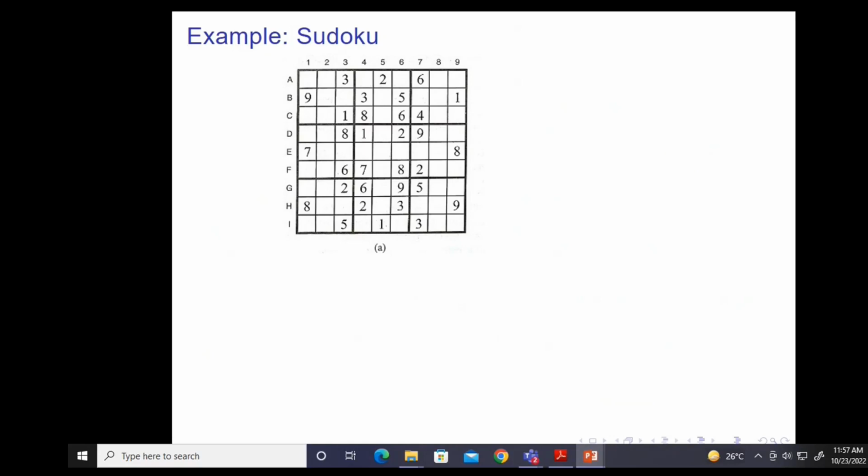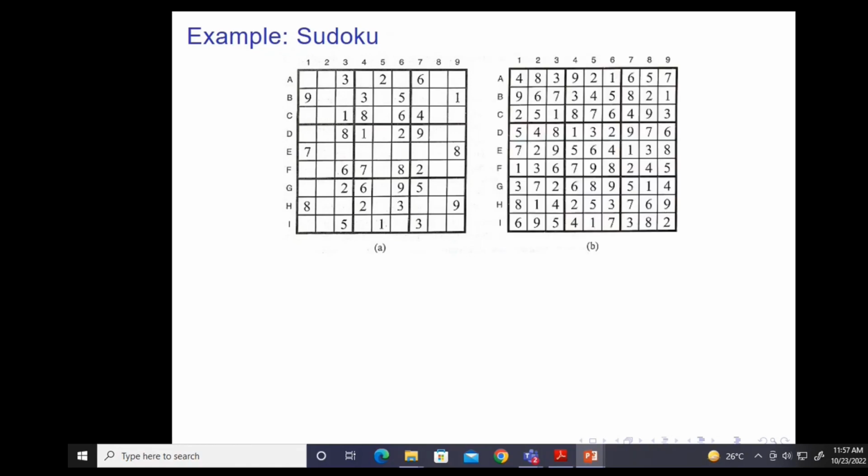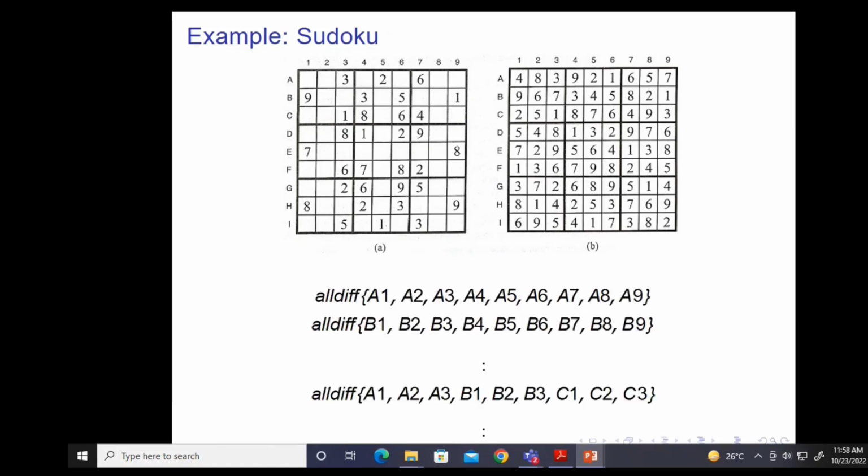This is a 9 by 9 grid where 3 by 3 grids are there. In every grid, the numbers are 1 to 9. And this is what the solution is. I don't want to go into how to find the solution, but I'm interested in writing out the equations that can specify this particular problem.